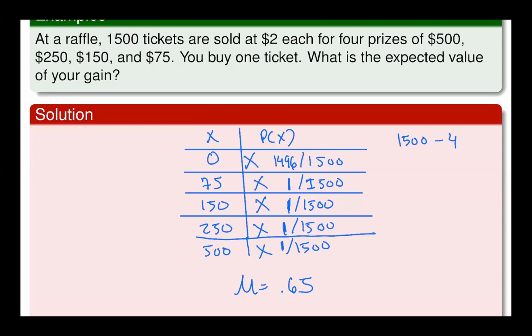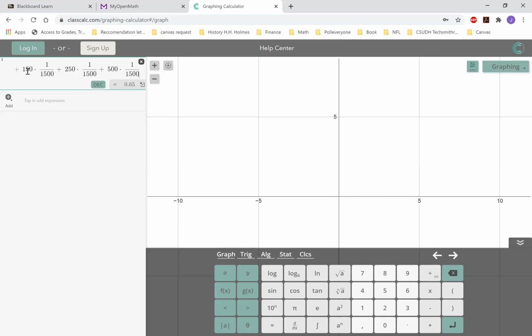If you look at what I did in class calc, can you see how I did 150 times the fraction, and then you add it to 250 times 1 divided by 1500. So you multiply them and then you just add up all the numbers. But instead of doing that in steps, I did it all in one turn.